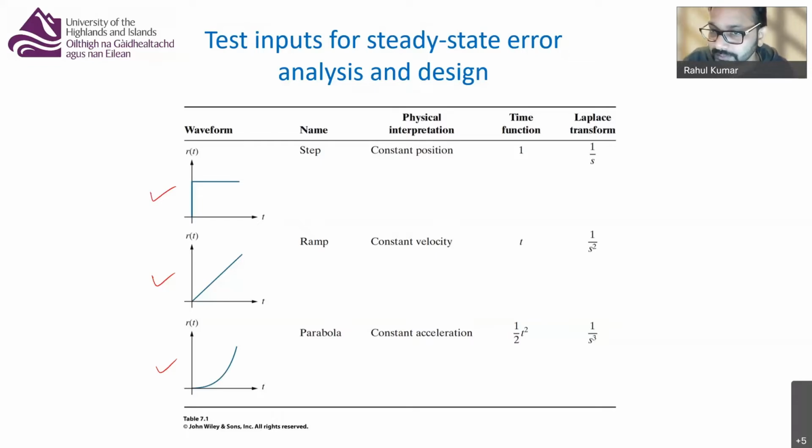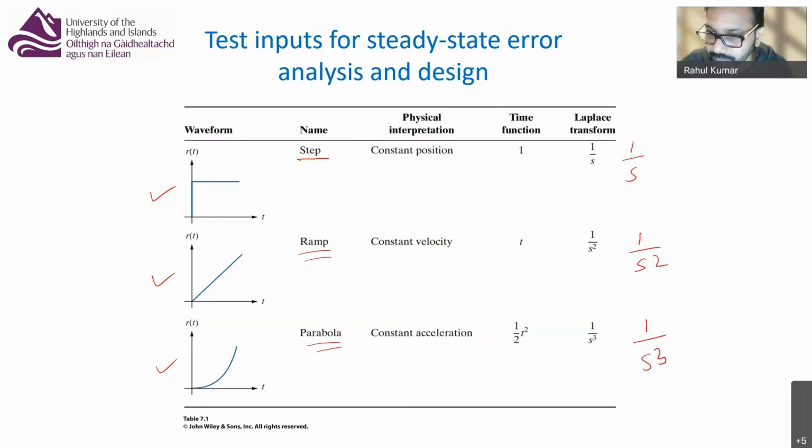We will consider step input, which in the Laplace domain or S domain is given by 1 over S. We will consider ramp input, where the input in the S domain is 1 over S square, and we will consider parabola, where the input in the S domain is given by 1 over S cube, or S to the power 3. We'll try and analyze the outputs for these three inputs.